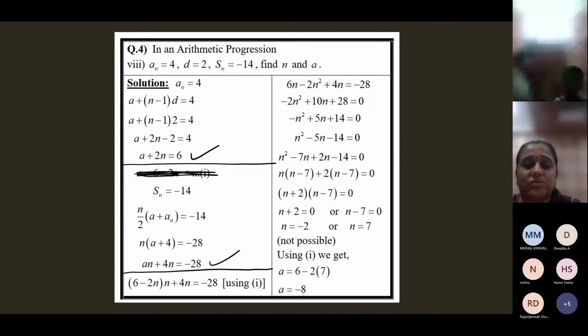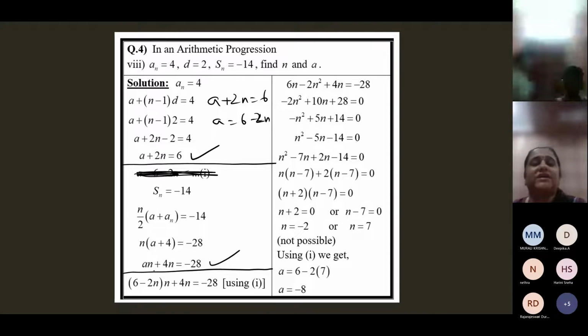How do you use the substitution method? Take any one equation. Supposing a plus 2n is equal to 6. Write a in terms of n or write n in terms of a, anything. So what I've done here, a plus 2n is equal to 6, a is equal to 6 minus 2n. So we have written a in terms of n.